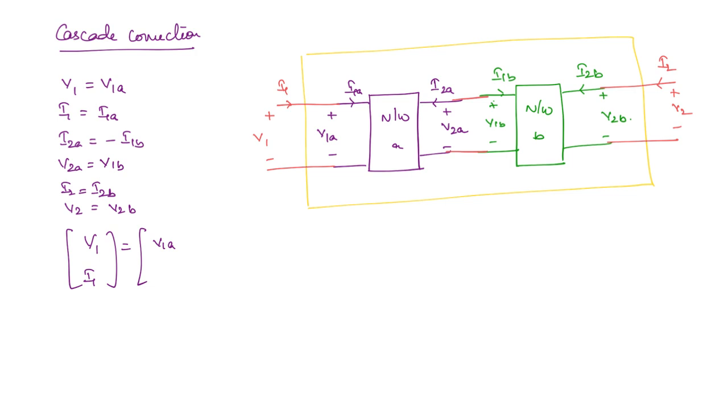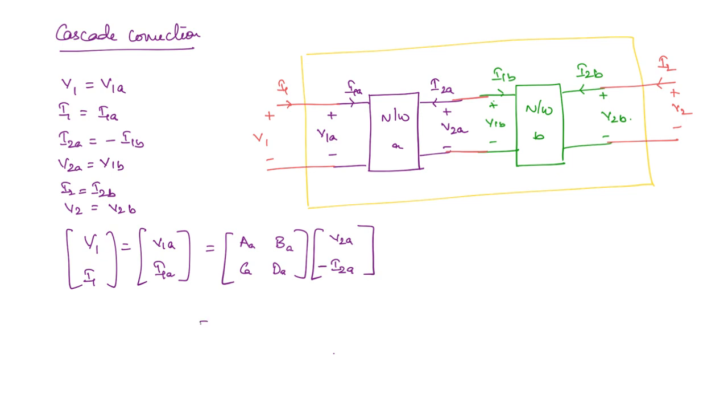Okay. So that's why the V1 I1 matrix will be equal to V1A I1A, and this will be equal to, you can use the transmission parameters here, AA, BA, CA and DA into the output side parameters. What are they? V2A and minus I2A, remember.